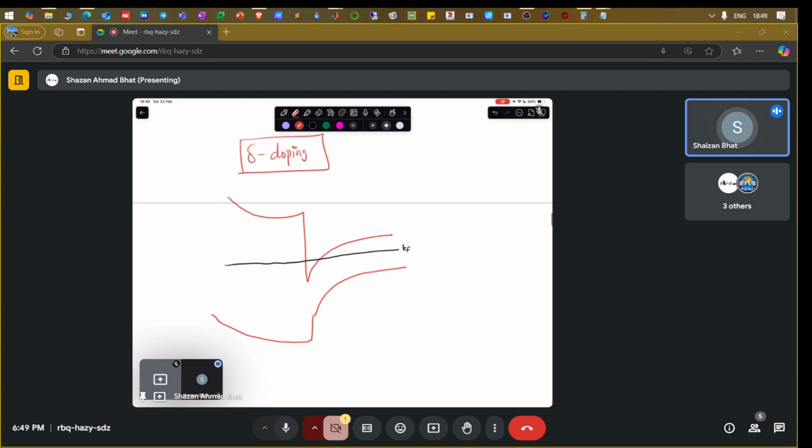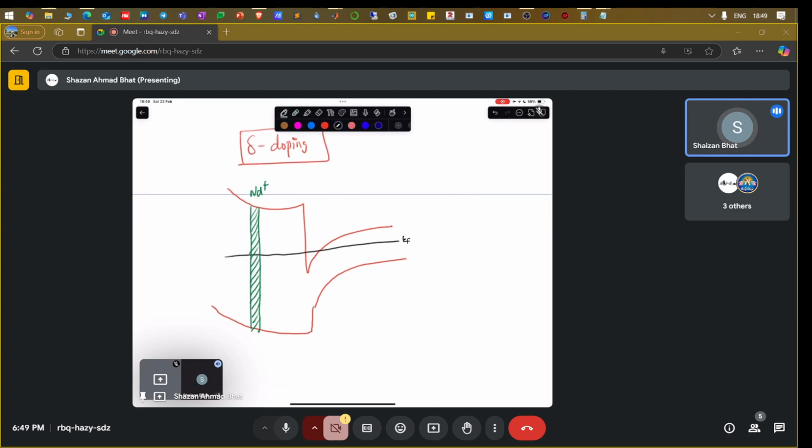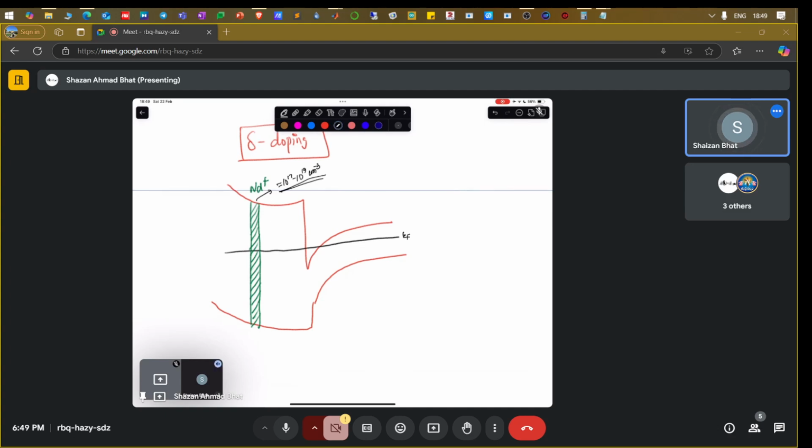What I mean is that you can selectively dope this particular region with a very high concentration of Nd positive ions, let's say Nd plus, which means it's a very highly doped region, maybe of the order of 10 to the power 17 to 10 to the power 19 per centimeter cube of N-type donors in this aluminum gallium arsenide region. Definitely there is a charge, so it's going to modify the band diagram.